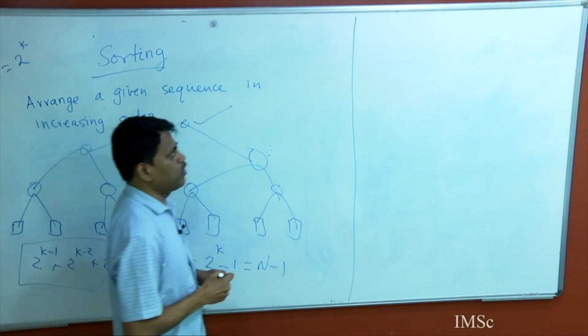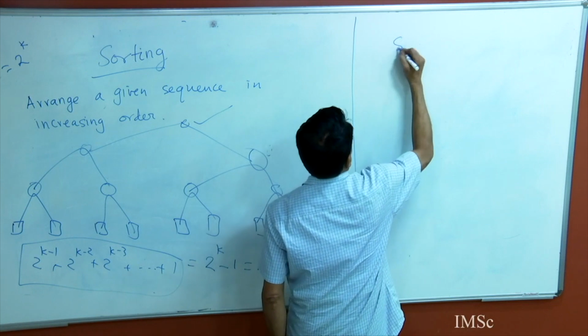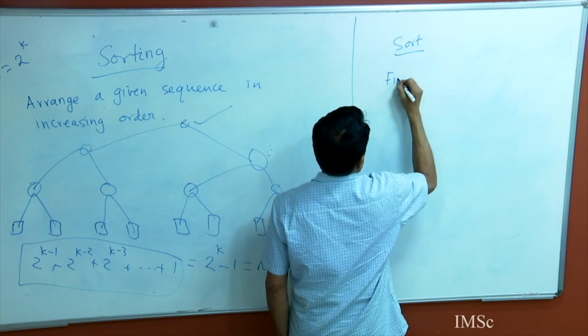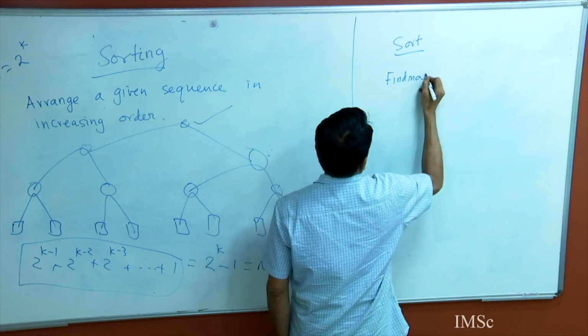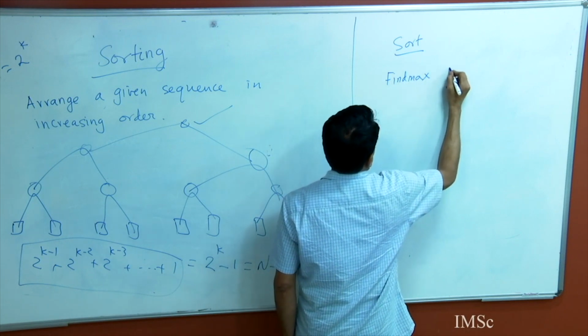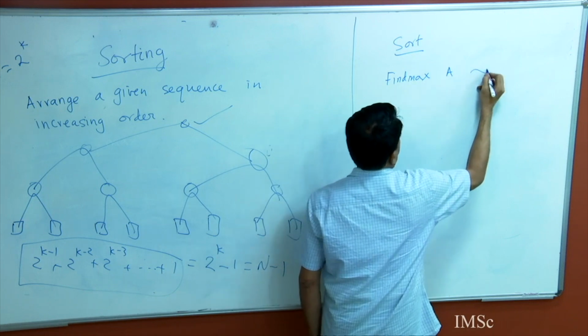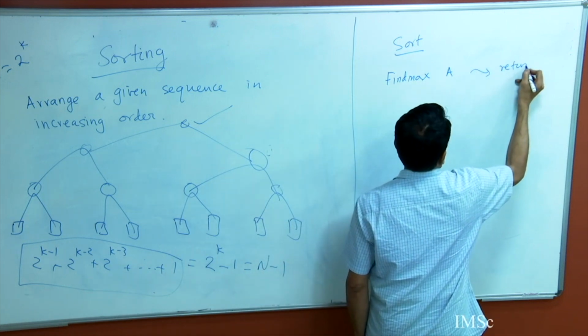So now my goal is to sort, right? Arrange everything in increasing order, and I have a subroutine which simply says find max. You give an array, it will return the max.